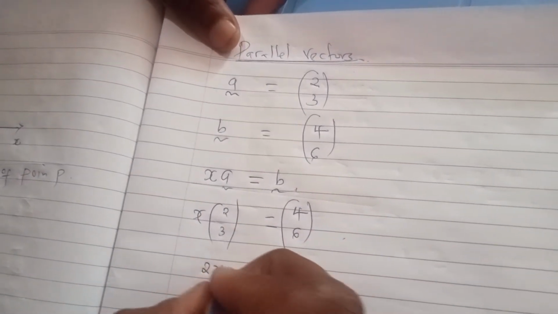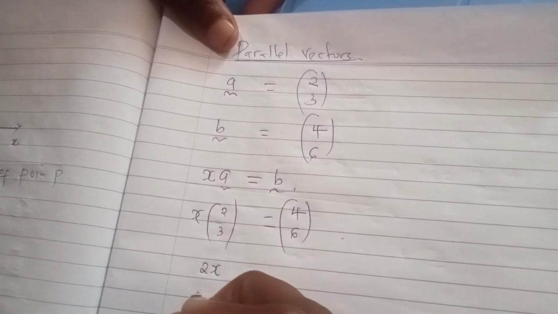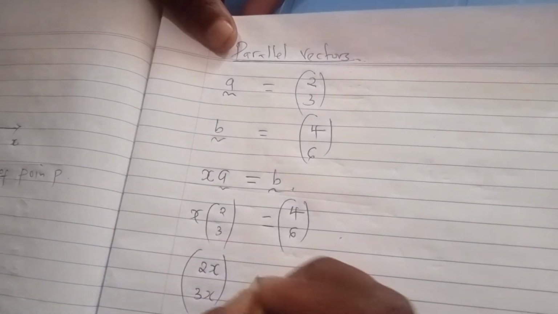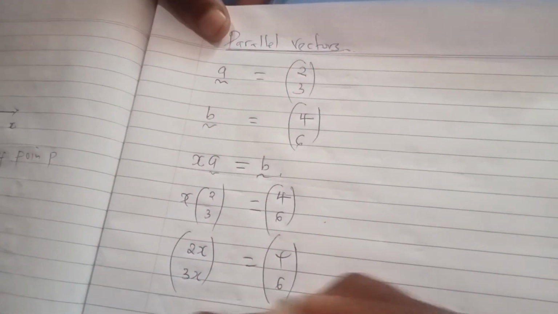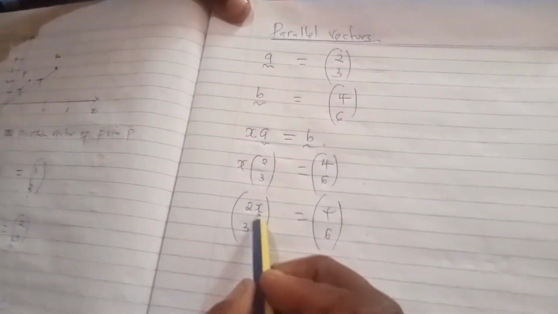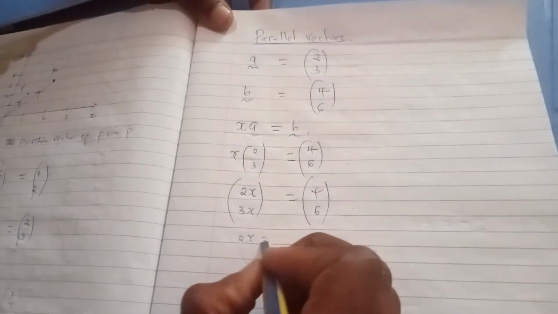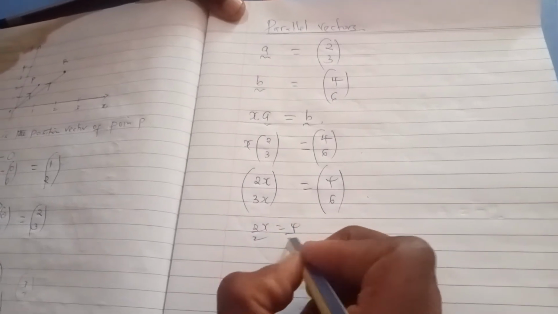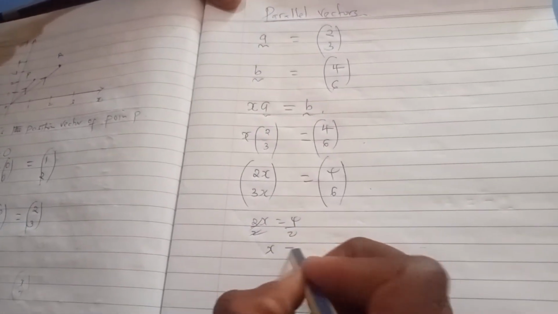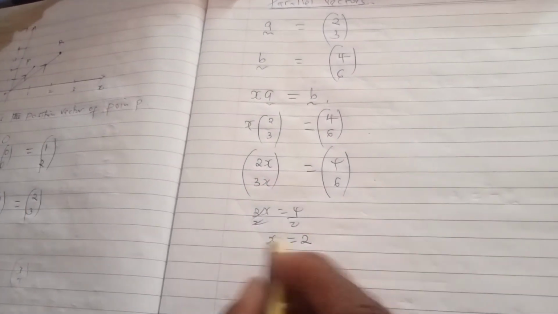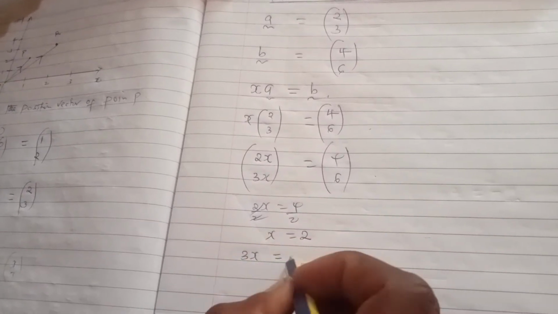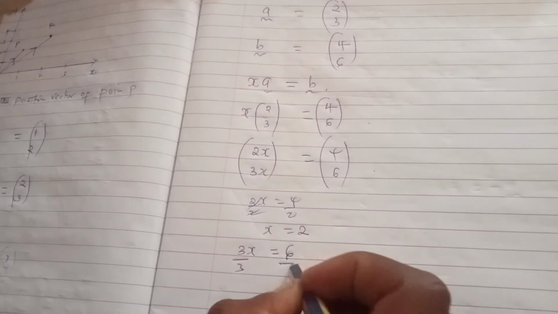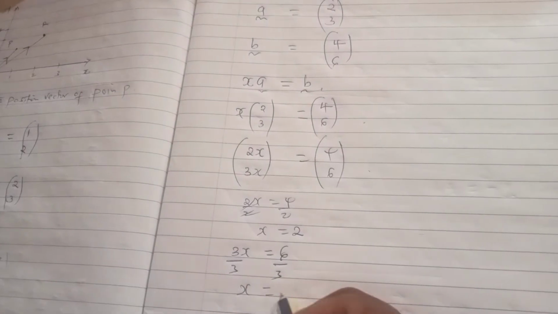That means 2x is equal to 4, and 3x is equal to 6. You divide by 2 and get x is equal to 2. Also, 3x is equal to 6, you divide by 3, you get x is still 2.